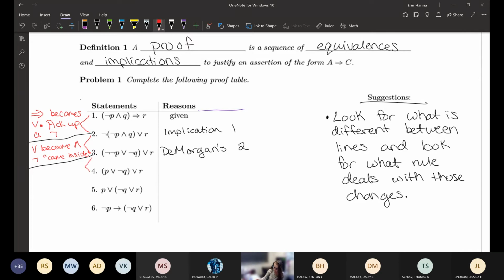And then from line 3 to line 4, what's the difference? Well, the only difference that actually happens is that we have this not that kind of quote unquote disappears. So the not goes away. So the only thing that happens between those two lines is that not goes away.